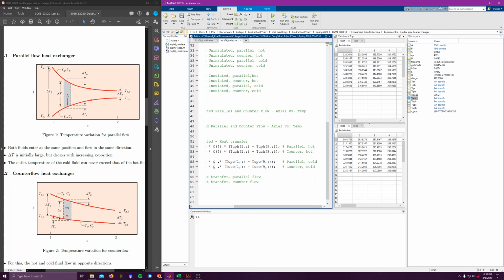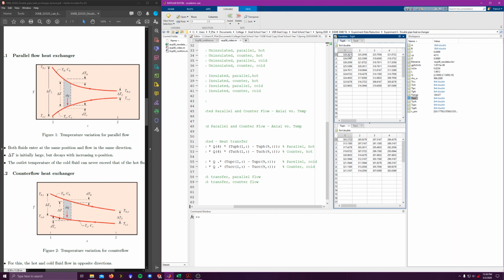For T1 for the hot fluid, that's going to be T hot. Then T2, that's going to be as the hot fluid gets colder. So if we look here, we're starting at T1, that's hot, and then we're cooling down a little bit. Now for the counterflow, again, we're starting at T1. For the hot fluid, that's at a hot temperature, and then we're going to cool down a bit.